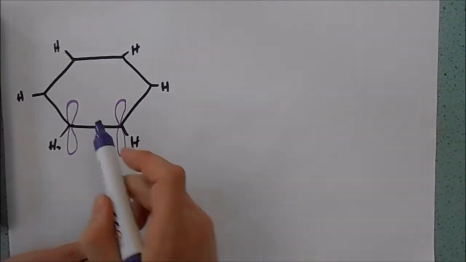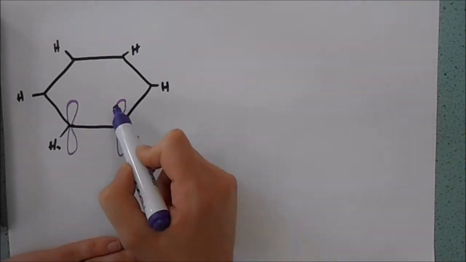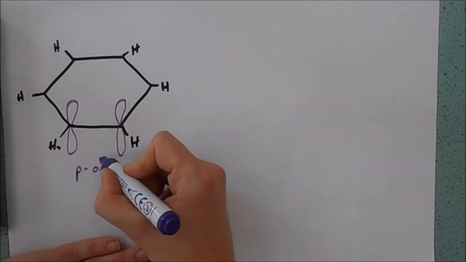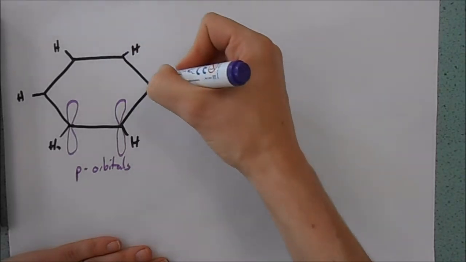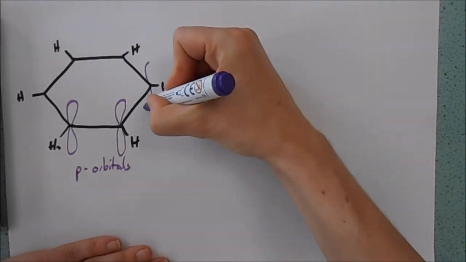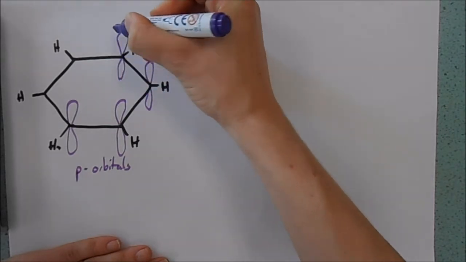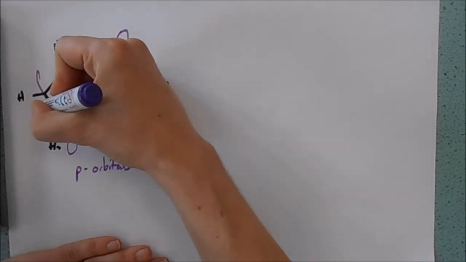If we say there was a double bond here in Kekule's structure, there must have been 2 p orbitals like that. And there was a double bond here, so there must be 2 p orbitals like this. And then there was a double bond here, so there are 2 p orbitals like this.